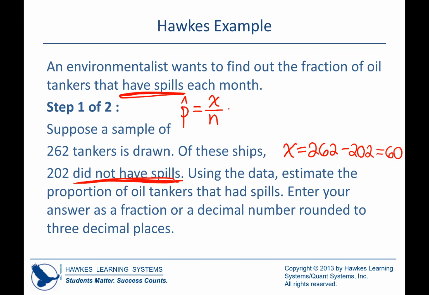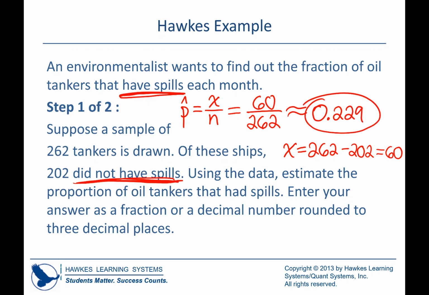So we'll have 60 on the top out of the 262. It gave us the opposite of what we wanted, so we had to subtract. That's fine, we could give our answer 60 out of 262, but we could also round it. It says round it to 3 places, so 0.229 is p hat.